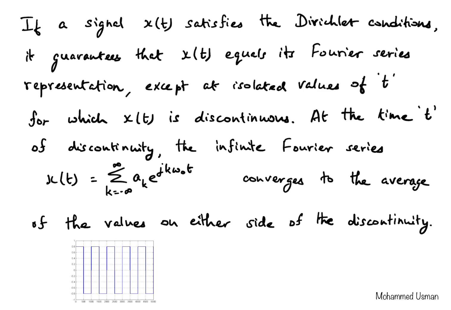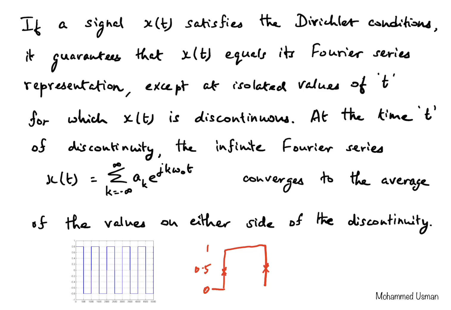If we had another pulse whose value was, say, going from 0 to 1, then the average of 0 and 1 would be 0.5. So it will converge to 0.5 at the discontinuity. Similarly here, it will converge to 0.5. In this case, we have plus 0.8 and minus 0.8, so the average value is 0, so it will converge to 0.